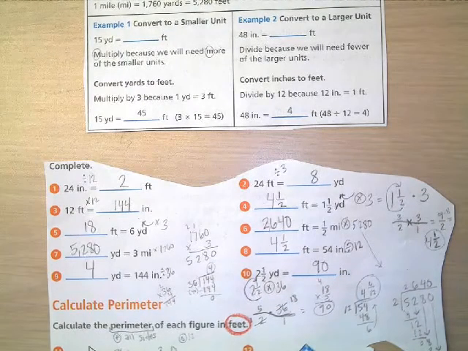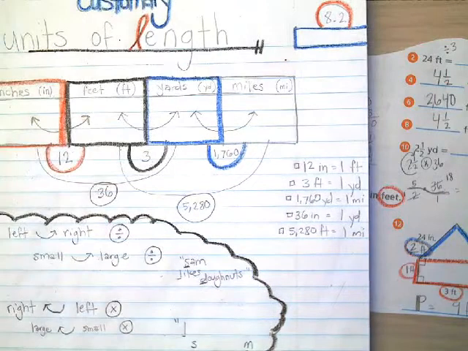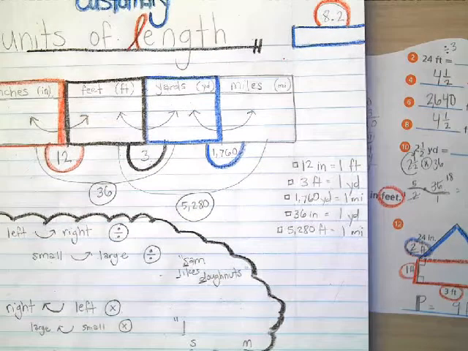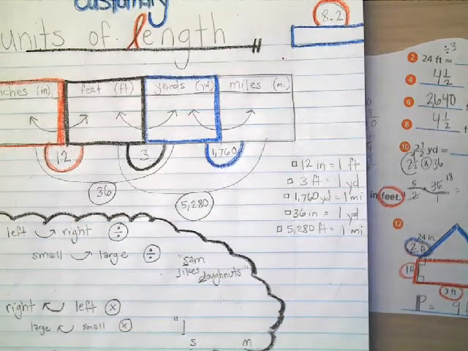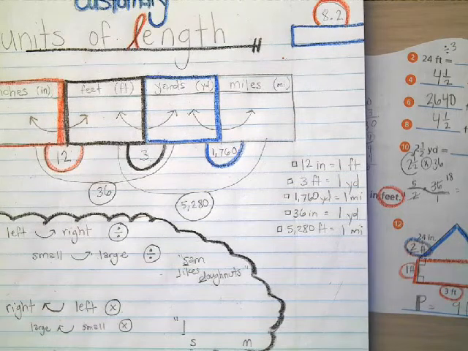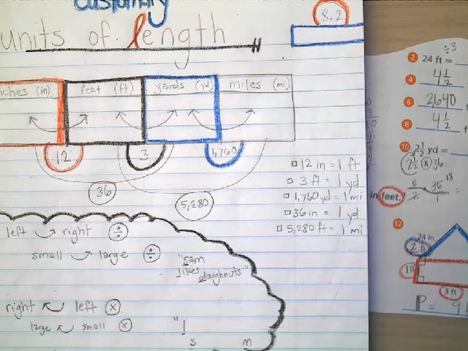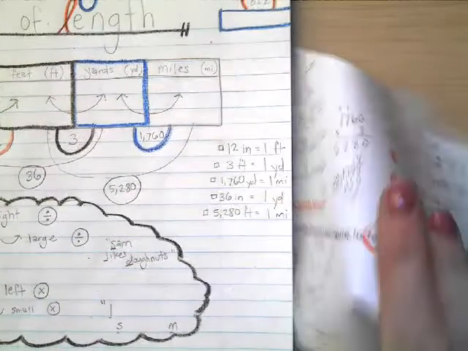Okay, let me show you what I got. I have that box, the customary units of length box. And I have the complete problems that went 1 through 12. Here's how it will work. I'm going to put the customary units of length at the bottom of my first page of notes.